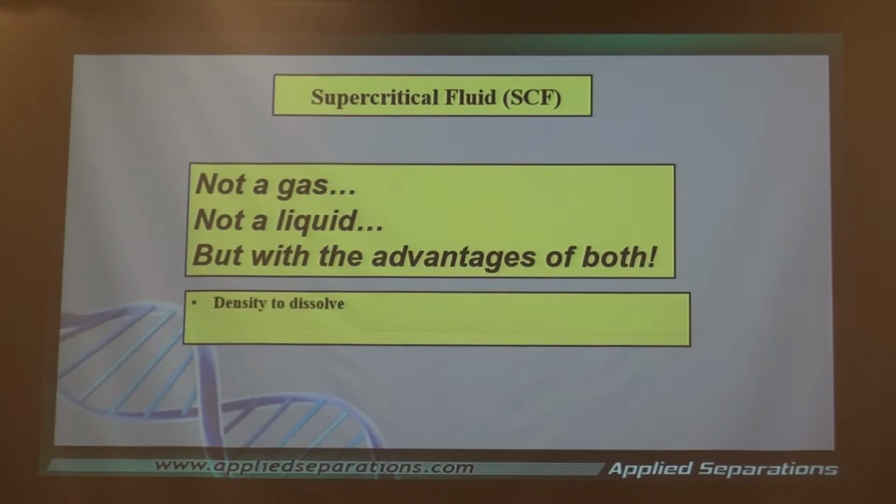We have the density to dissolve, but we also have these other characteristics: permeability, high diffusivity, low viscosity, no surface tension. And these are some of the properties that make it extremely valuable for many, many different applications.